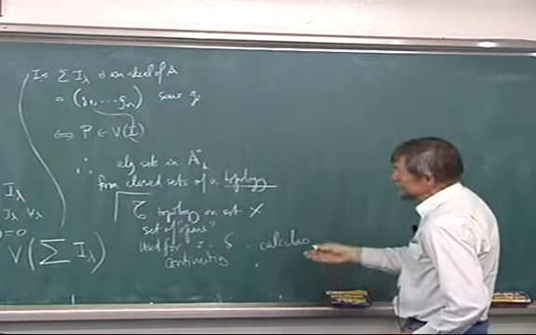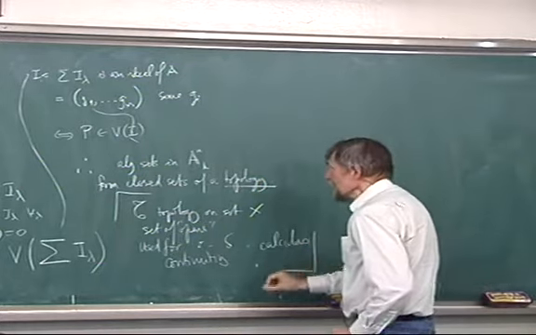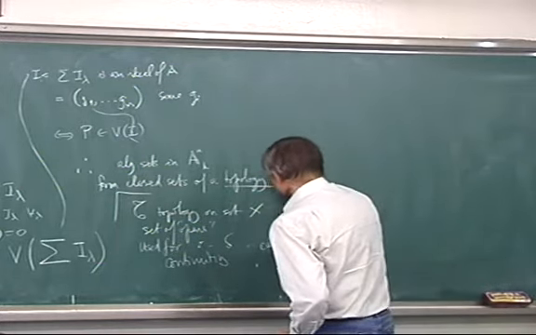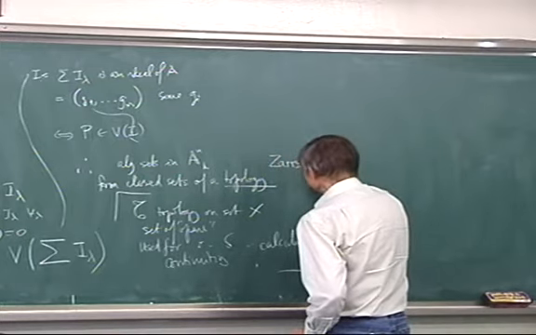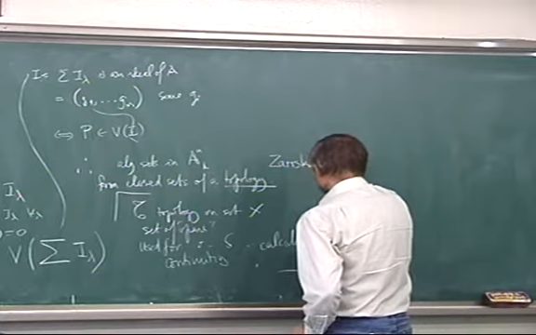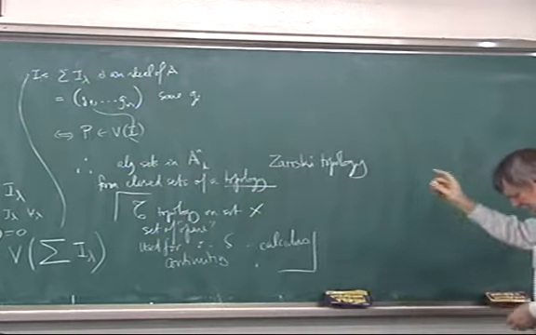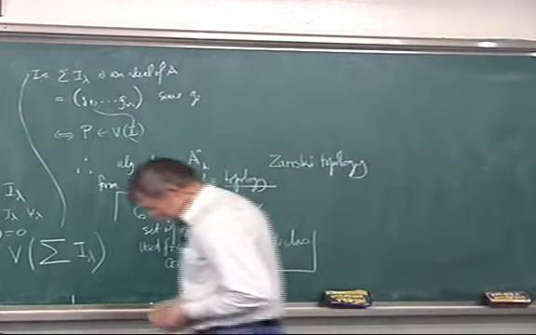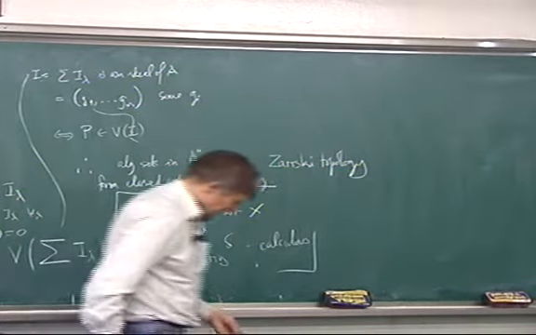However, in algebraic geometry, it's used in a much, much simpler context. This topology is called the Zariski topology. Zariski was a Russian Jewish mathematician who studied in Italy in the 1920s and 1930s, and then went to America and became a professor at Harvard.